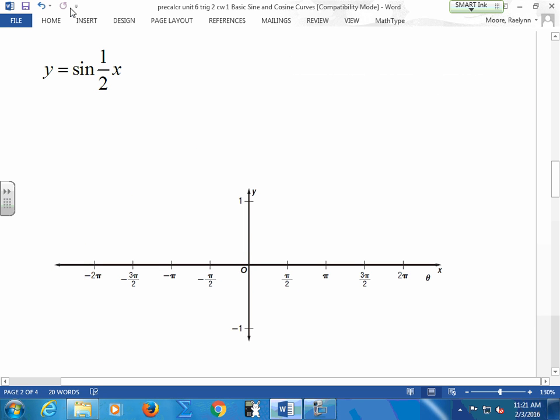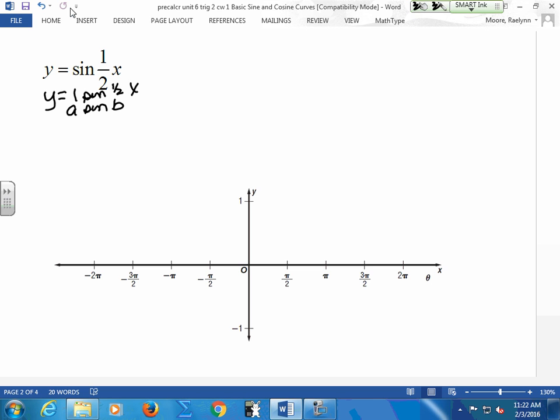Okay, now, I line this up and I say 1 sine 1/2 x, a sine BX. So I also look at my transformations, and I notice that it says if B is between 0 and 1, that means B is a fraction, doesn't it? Which I have, a fraction.